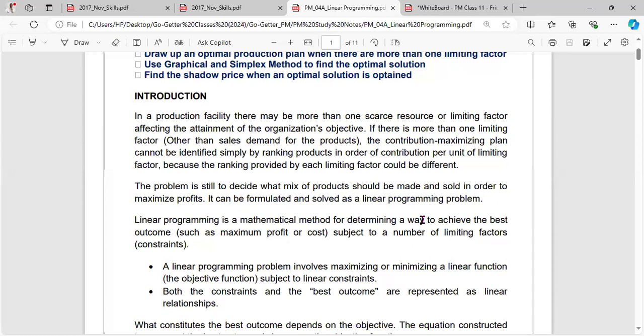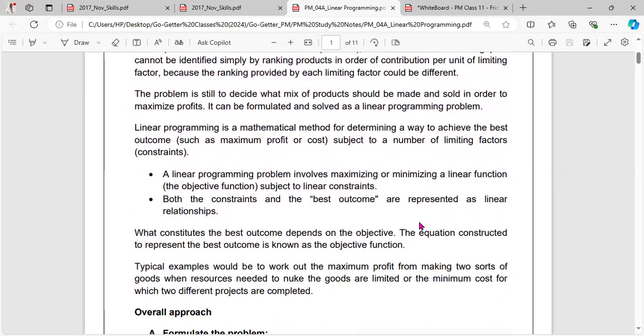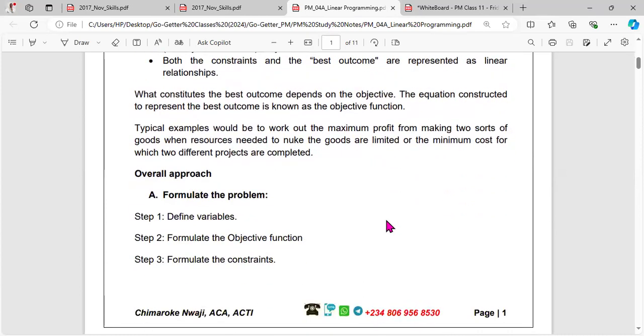Now, both the constraint and the best outcome are represented as straight line relationship. That's why it is called linear programming. What constitutes the best outcome depends on their objective. The equation is constructed to represent the best outcome to achieve the objective.